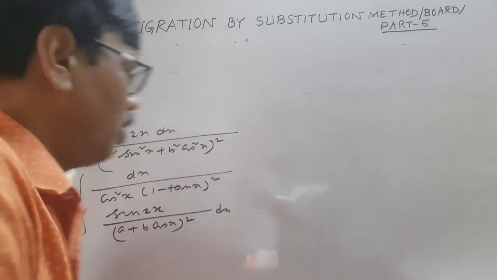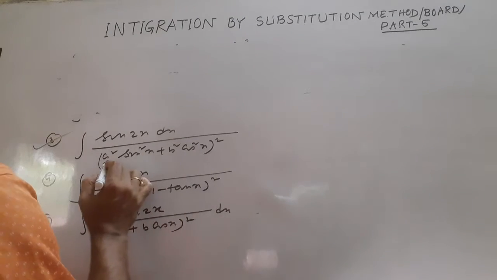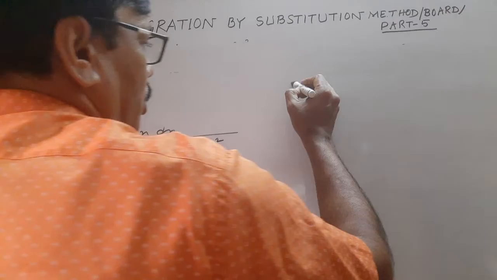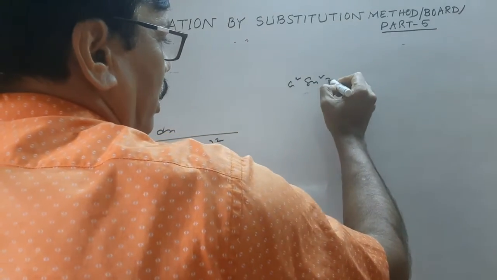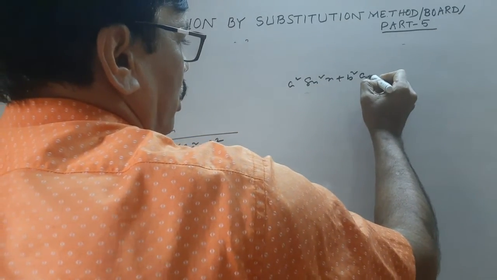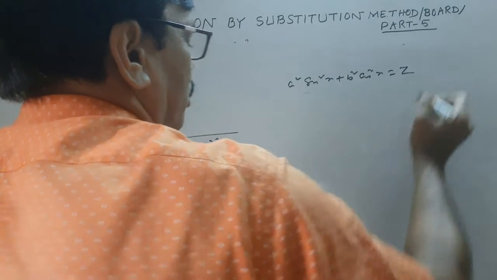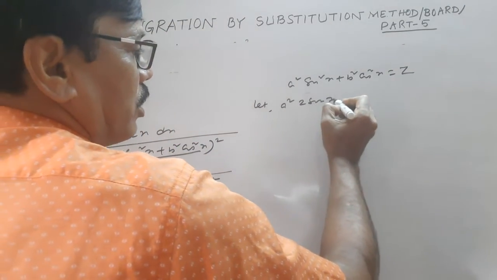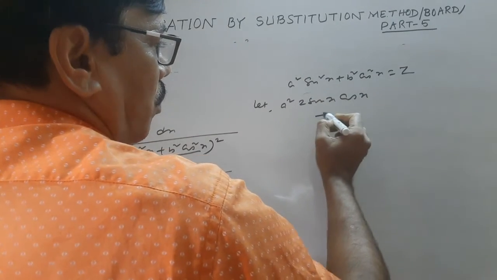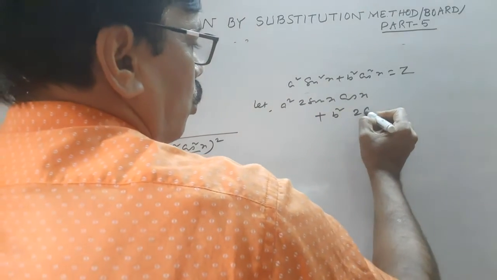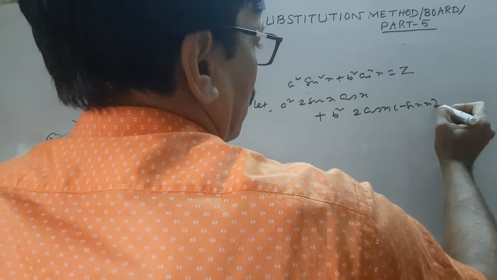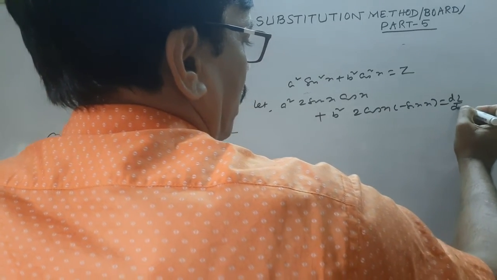So we try by putting this transformation equal to z: a^2 sin^2 x + b^2 cos^2 x equals z. So derivative: a^2 2 sin x into cos x plus b^2 2 cos x into minus sin x equals dz by dx.